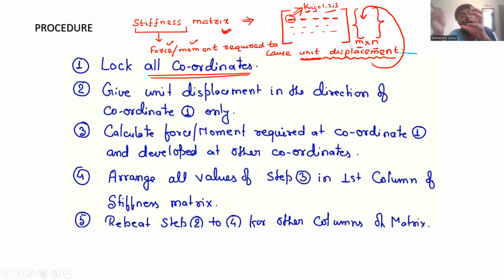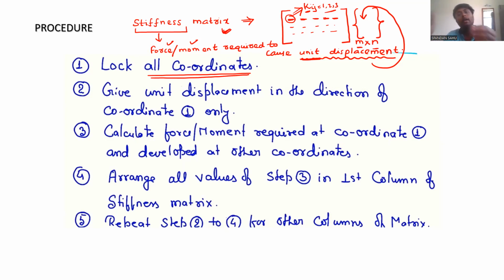In force method, you have to remove those redundants because there are additional forces coming that you need to separate out and put the compatibility condition. Here, the displacements are coming as unknown, which we need to calculate what are their magnitudes.